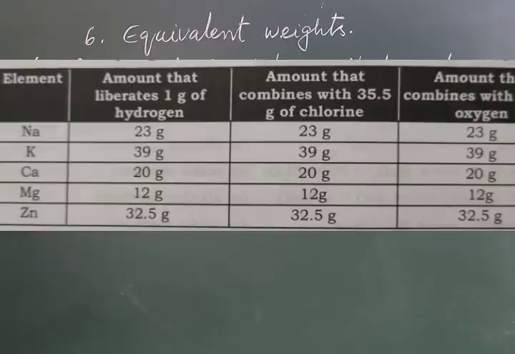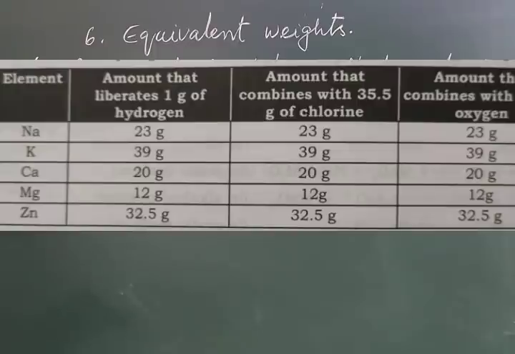That is the same in all three cases. In the same way, the amount of magnesium that can liberate 1 gram of hydrogen, or combine with 35.5 grams of chlorine, or with 8 grams of oxygen will be the same, that is 12 grams.